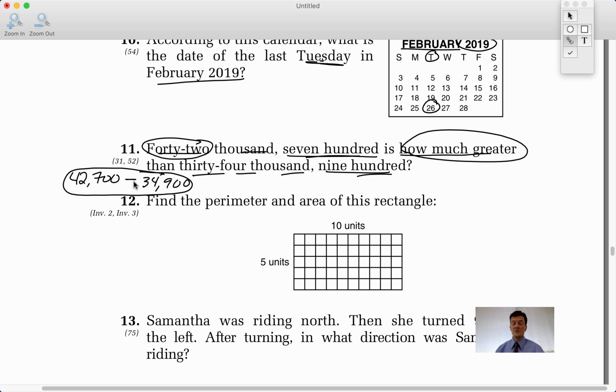Now, what I might do is figure out how much more I need to add to 34,900 to get up to 42,700. Let's do it this way. If I add just 100, that will get me up to 35,000. Now I want to get from 35,000 up to 42,000.